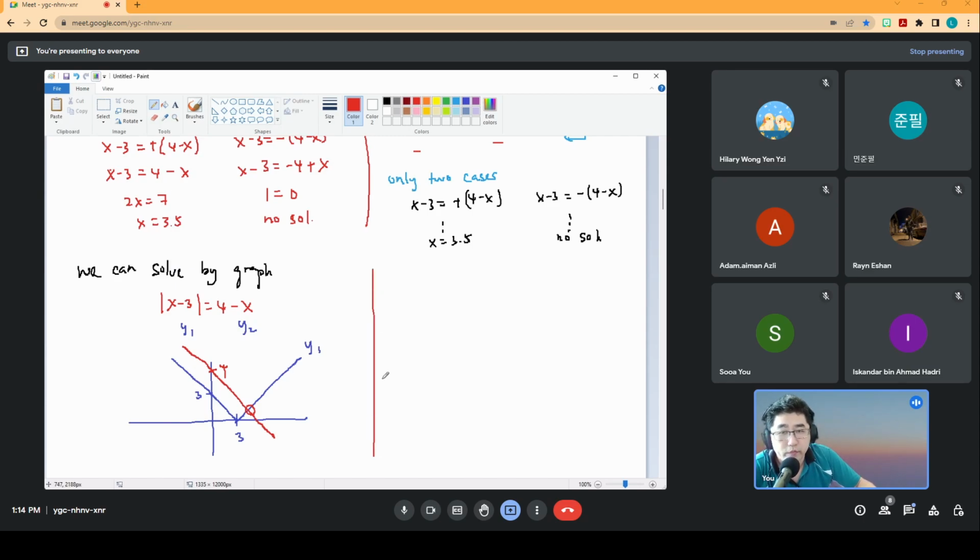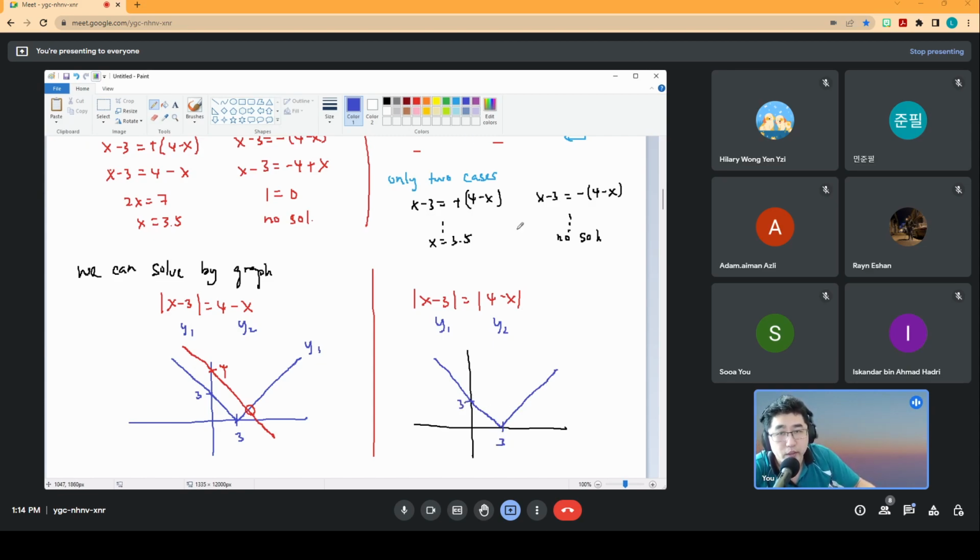So if I look at this question, modulus of x minus 3 equals the modulus of 4 minus x. So this is my y1. This is my y2. So I draw it up. My modulus of x minus 3 is still the same thing, which gives me this, 3 and 3.